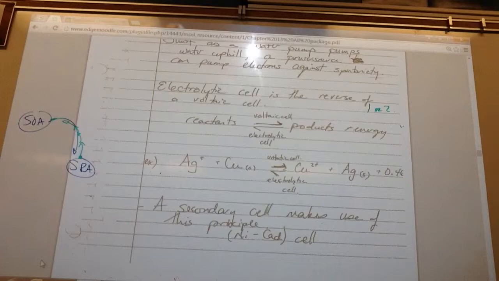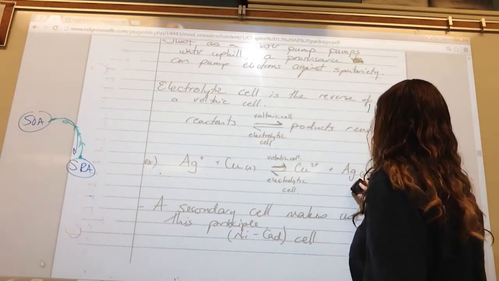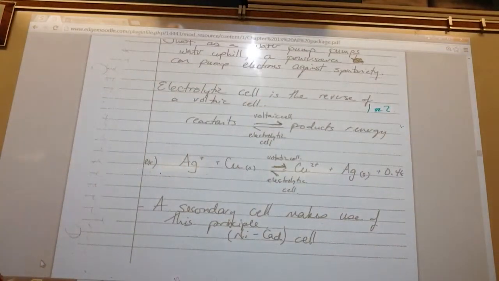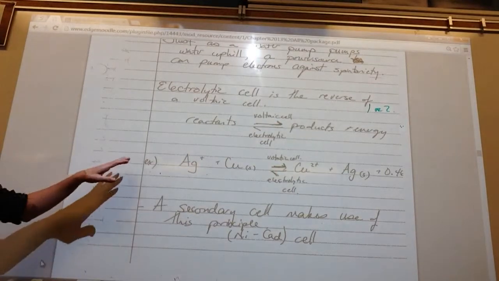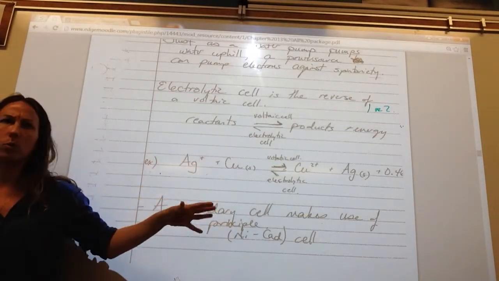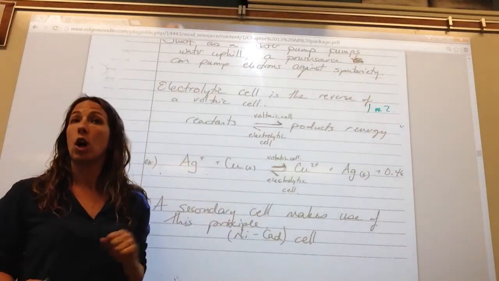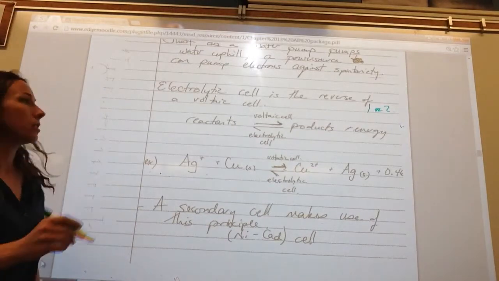Okay, so for example, we have here silver and copper ion, and the voltage should be 0.76 volts. Let's just do this like yesterday. Okay, so ignore the double arrow because we didn't have those yesterday. And I've got silver ions and copper. I've got a silver copper cell. What did we do? Listed our species, right?